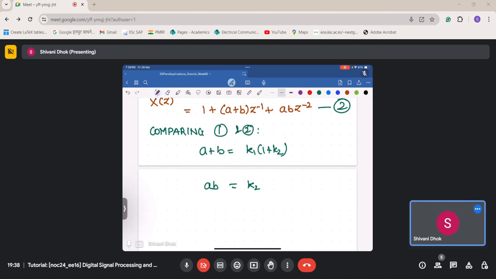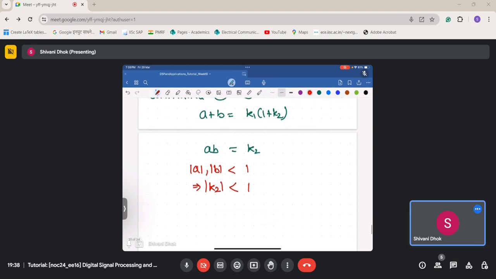Now we know that magnitude of a and magnitude of b both are less than 1, which means that magnitude of k2 is less than 1. Okay, now we have a plus b equal to k1 into 1 plus k2.